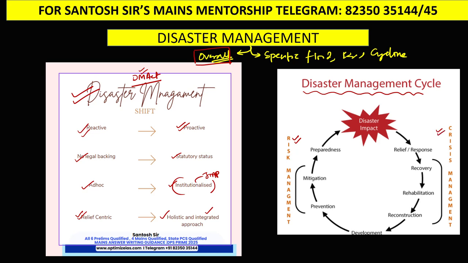The crisis management, which was the main emphasis before the DM Act, has now shifted to risk management also, where we are focusing on prevention, mitigation, and preparedness. These pre-disaster steps are becoming more and more important, where we are trying to reduce the risk so that the impact of disasters will be minimal. So this diagram also you can use in your answers.